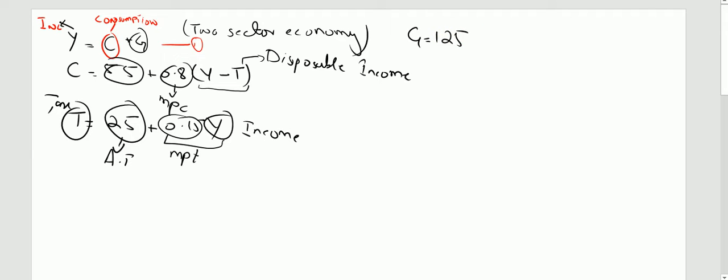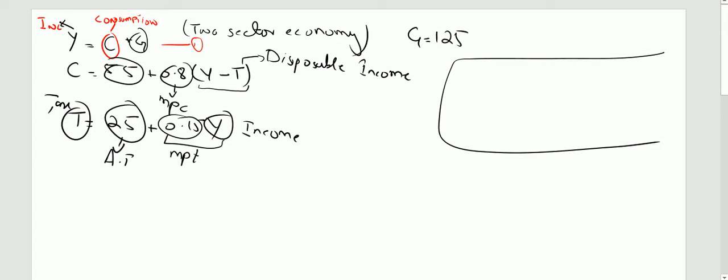So now we can rewrite the equations here. It becomes y equals c plus 125, c equals 55 plus 0.8 (y minus t), and t equals 25 plus 0.15y.